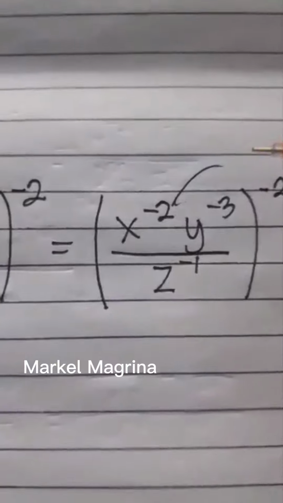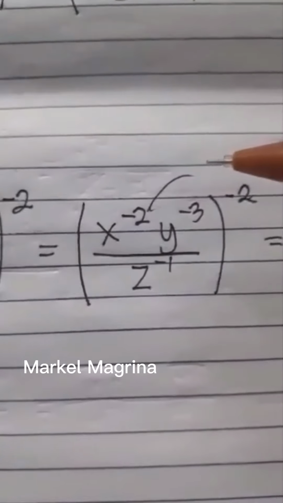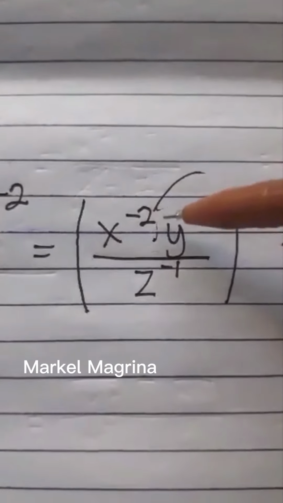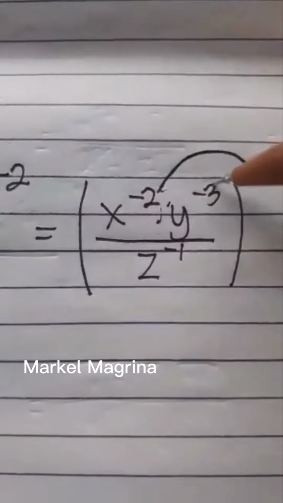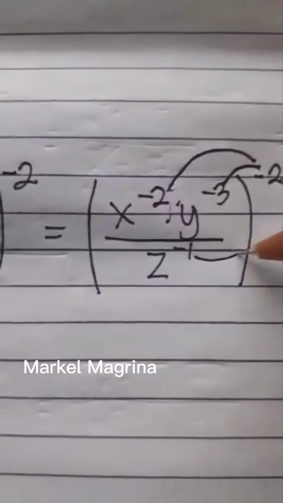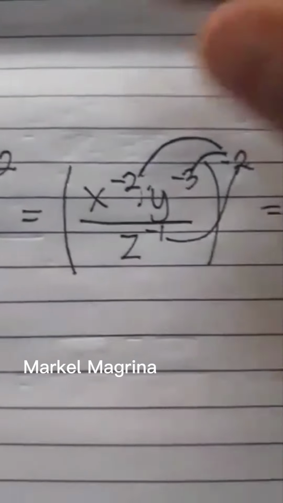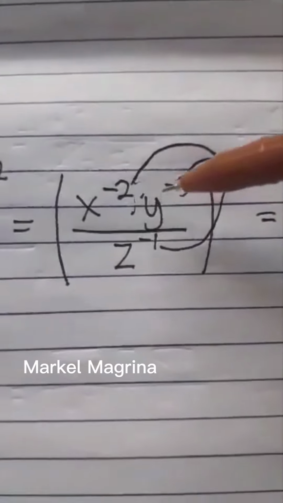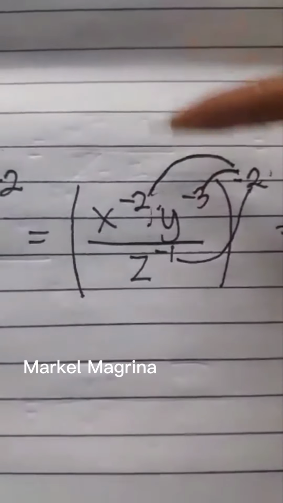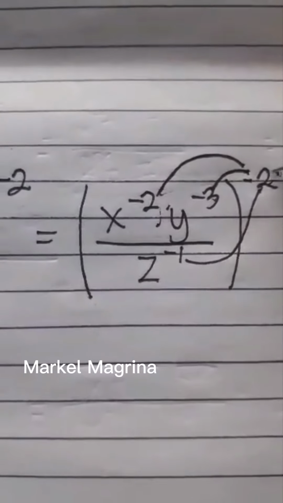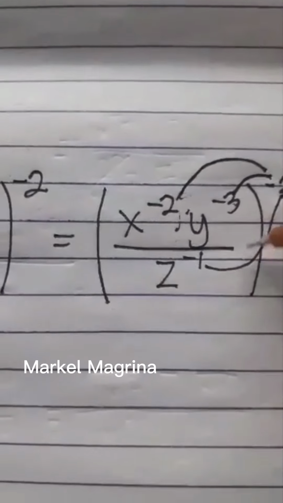So, next thing you do is multiply the exponents. Multiply negative 2 by negative 2, then multiply negative 3 by negative 2, and the same for negative 1.